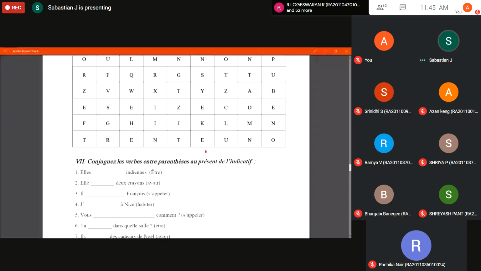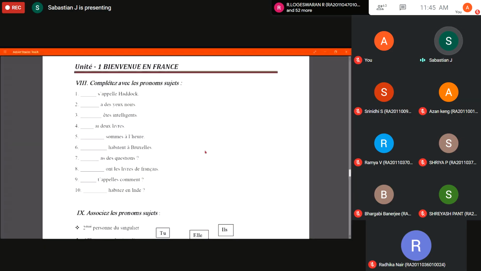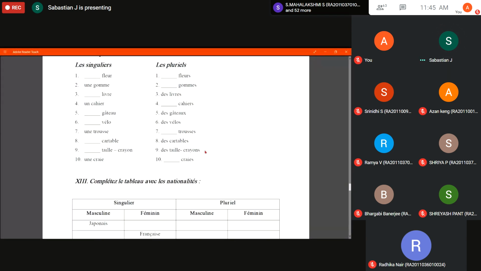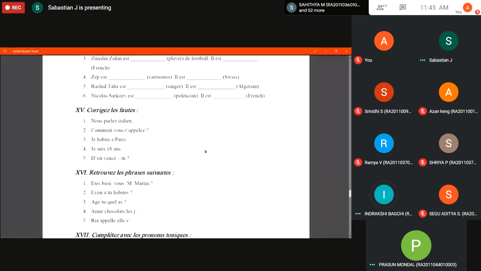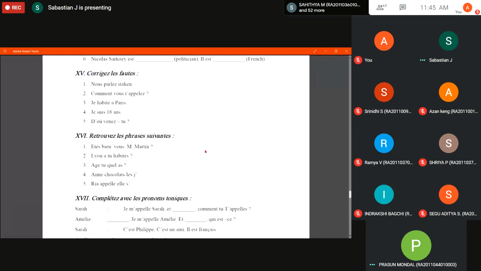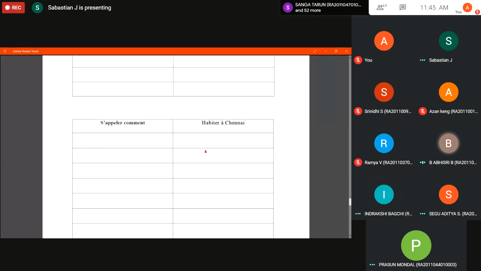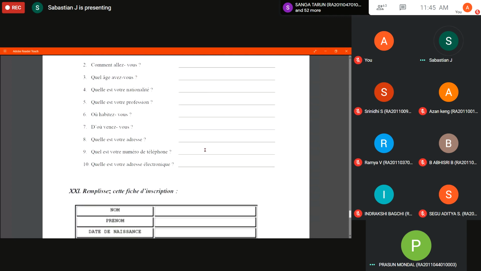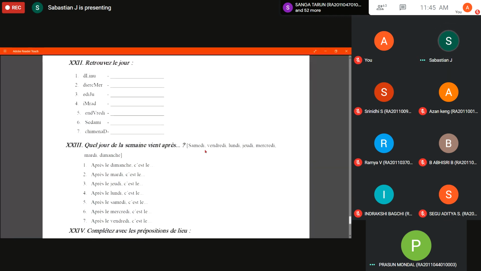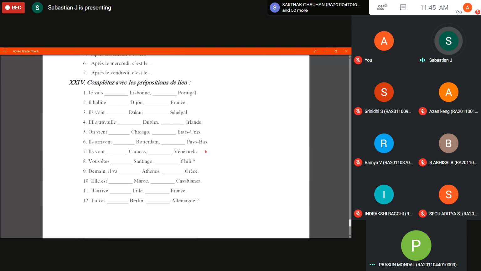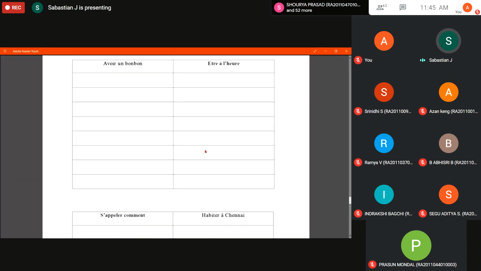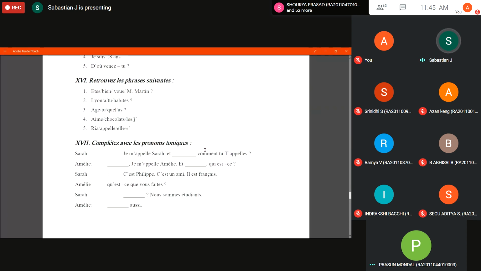You can complete it and give it in the GCR. There are two exercises, and it is easy for the students who have done French. Tonic pronouns hardly take 5 minutes.